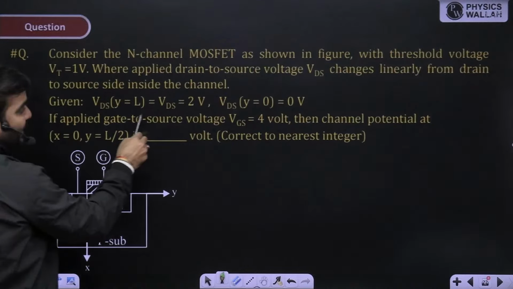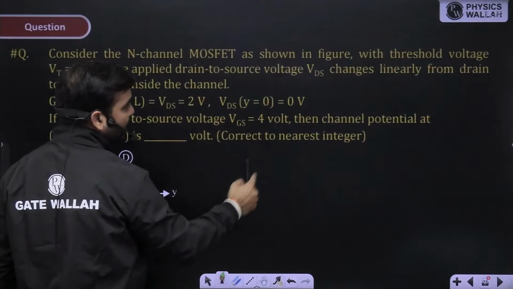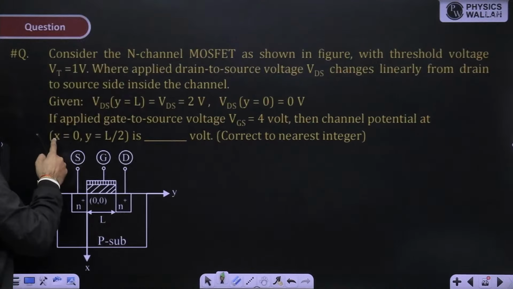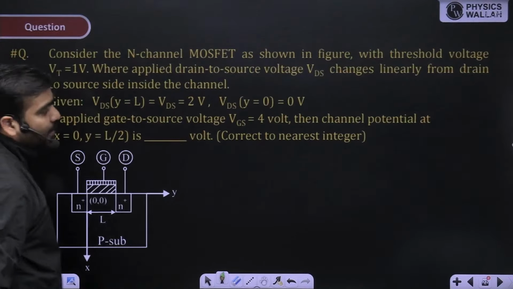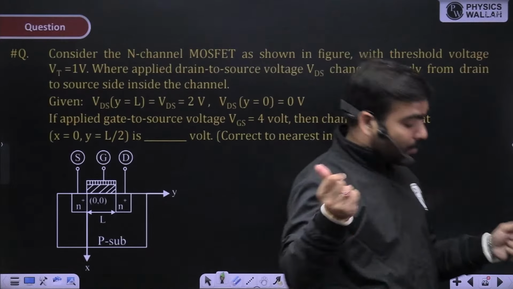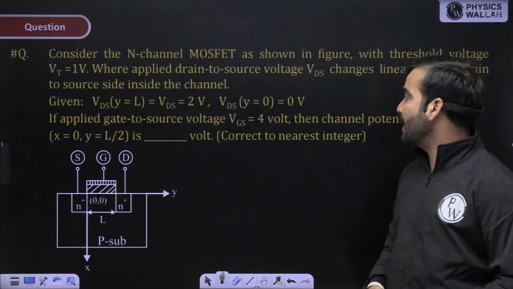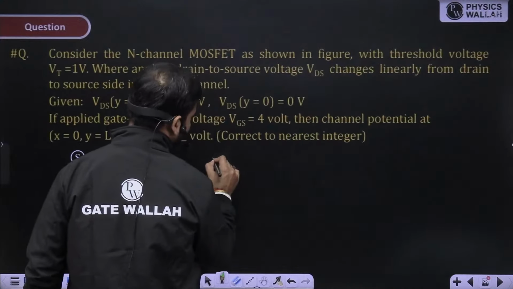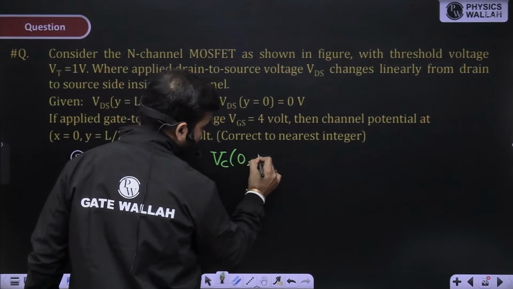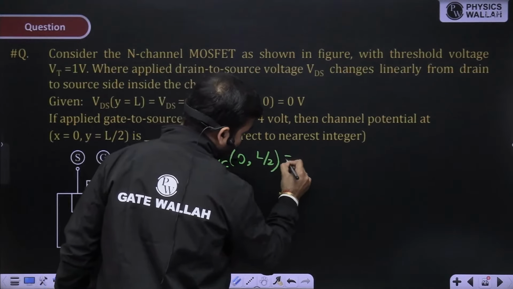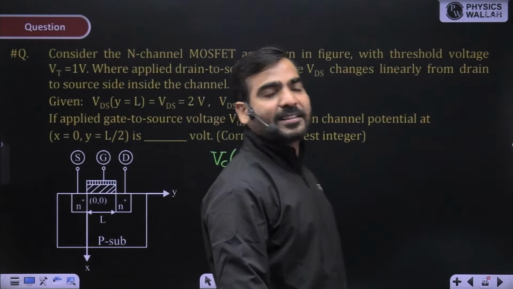If applied gate to source voltage is 4 volt, then channel potential at x equals to 0 and y equals to L by 2 is, correct to nearest integer? Find out channel potential at x equals to 0 and y equals to L by 2. Meaning is that we have to find out potential in the channel at x equals to 0 and y equals to L by 2. How much is this potential? That is the question.